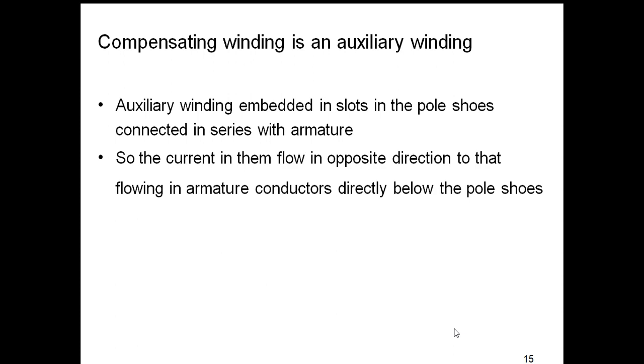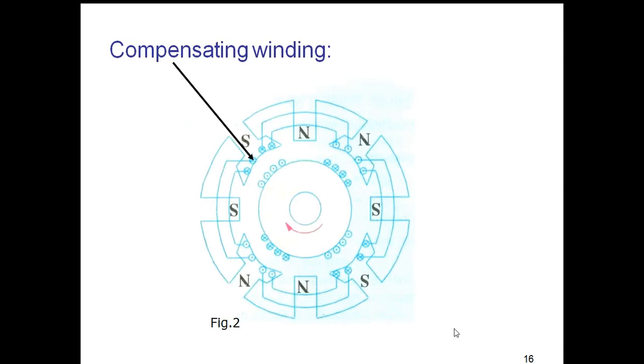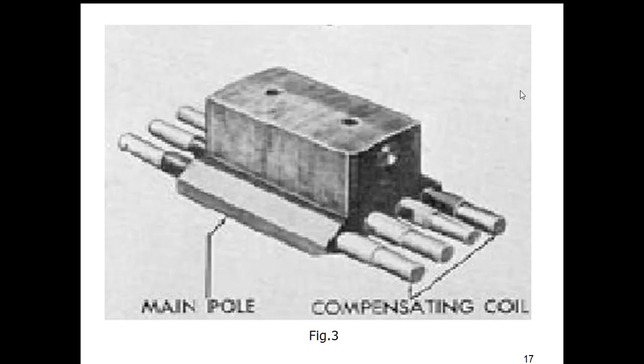So the current in them flows in the opposite direction to that flowing in the armature conductors directly below the pole shoes. See in this diagram, in this pole shoe, we will be placing the compensating winding, to neutralize this cross magnetizing effect.